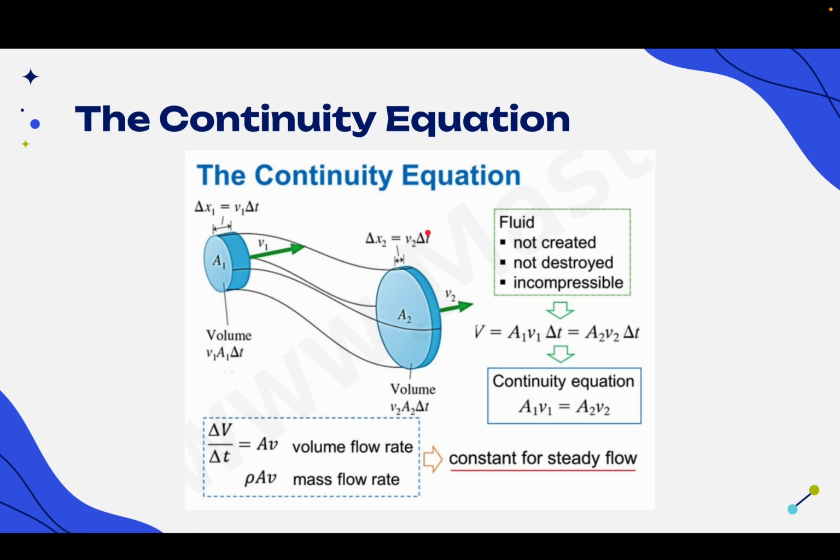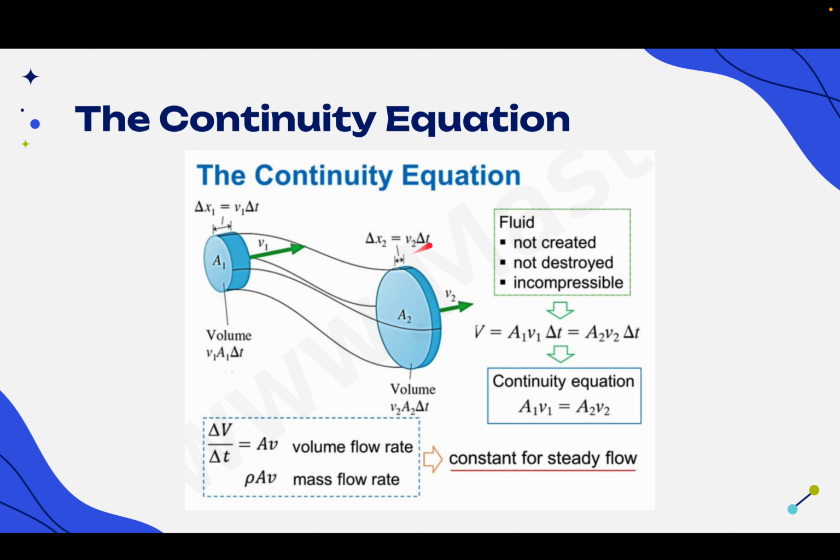And here we do the same thing. Delta t, let's say like 0.5 seconds or something when we're actually measuring it. V2 is the velocity of the fluid in this section of the continuous flow. This is called a flow tube. It's an imaginary path that the fluid goes along, and in here fluid is not created, not destroyed, and is incompressible.